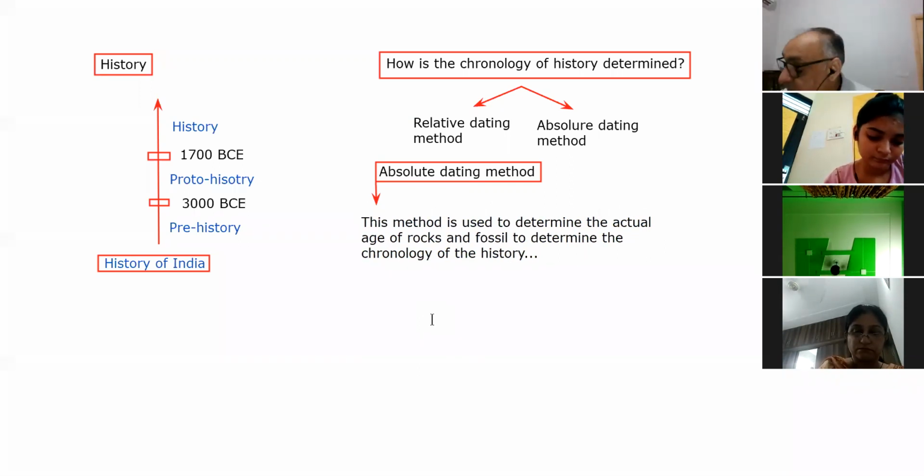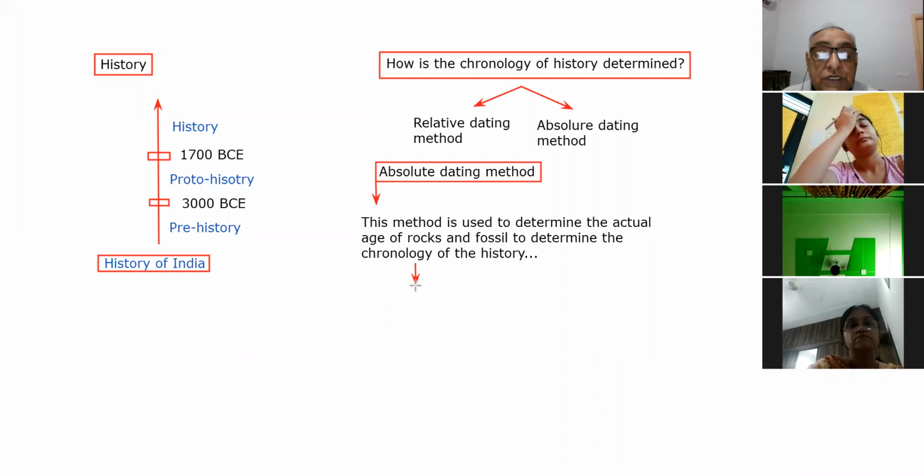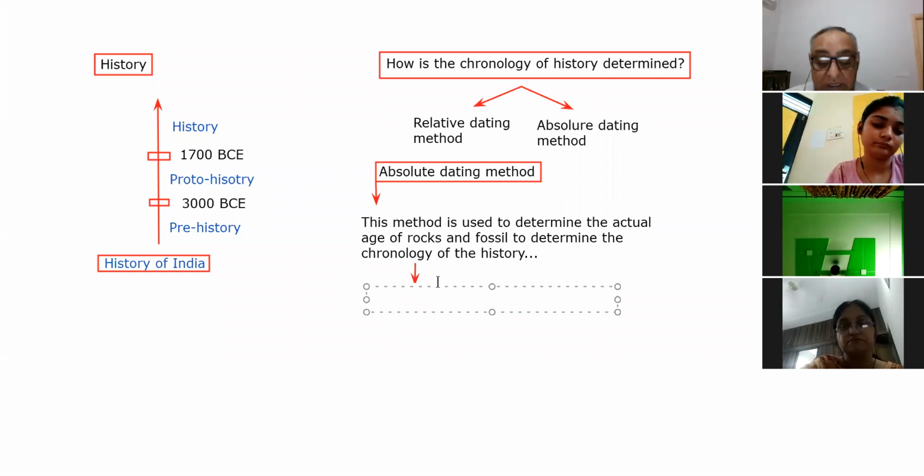So the next thing is that in the absolute dating method, the numerical age of rocks or fossils is determined, right?